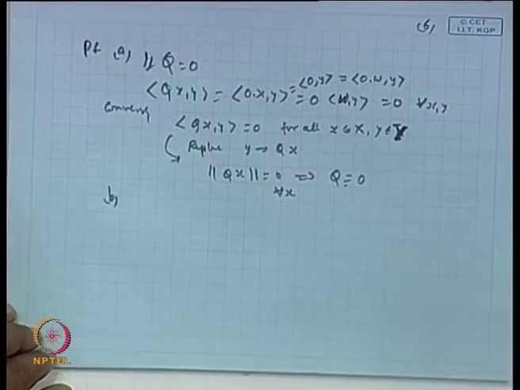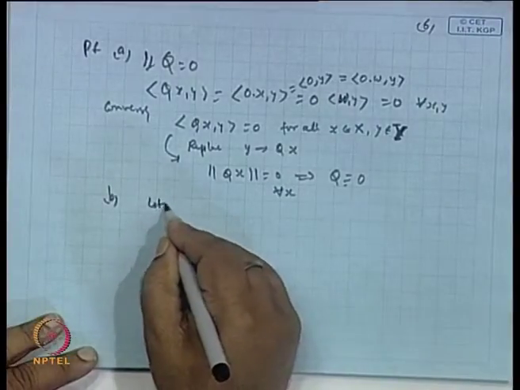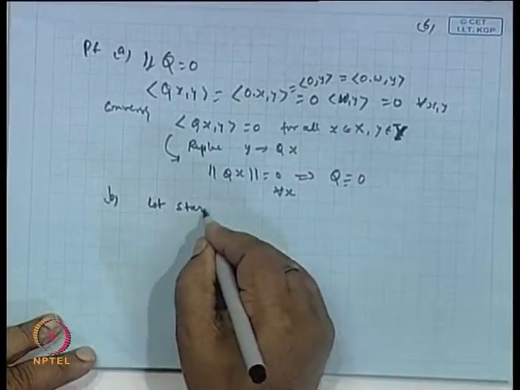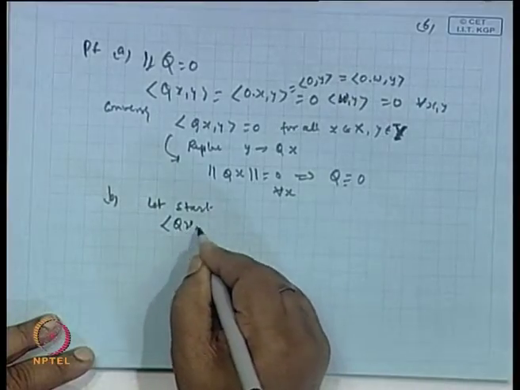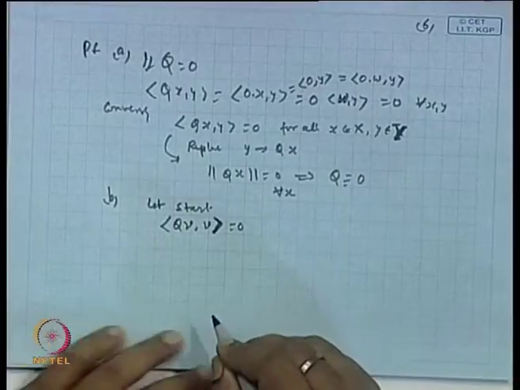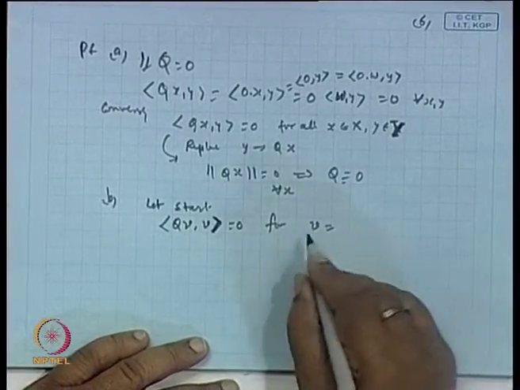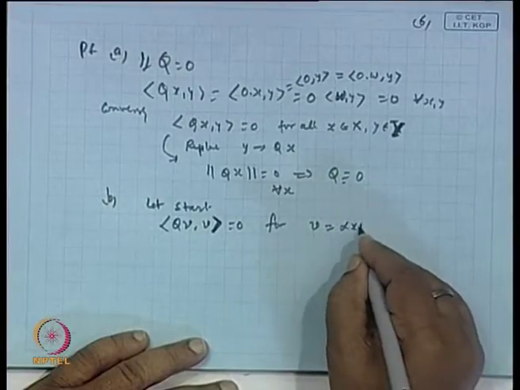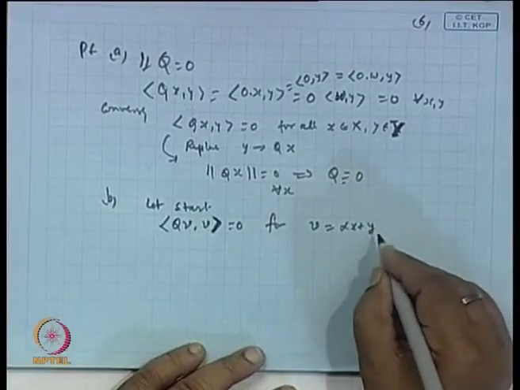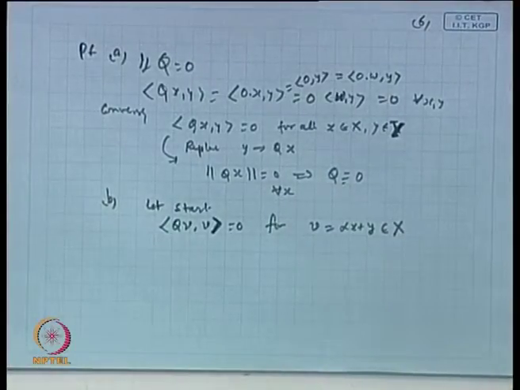Okay. So, what we do is, let us assume the inner product of Qv, v is 0 for all v. Let us start with v equal to alpha x plus y, an element belonging to capital X, because x belongs to X, y belongs to X, and X is a vector space.